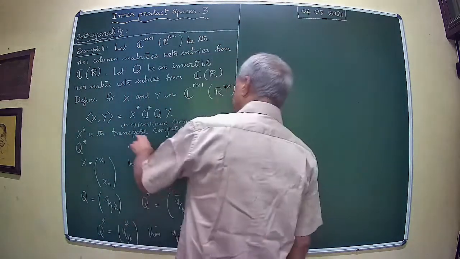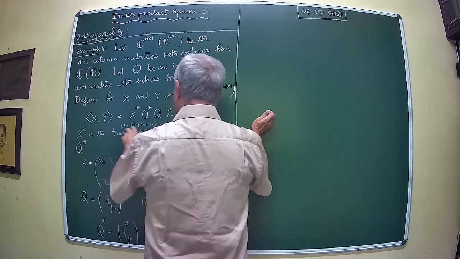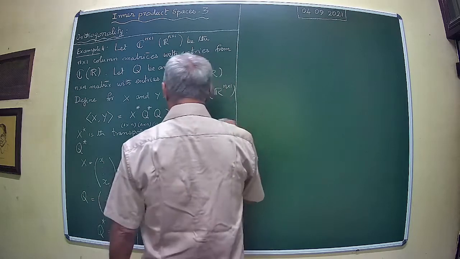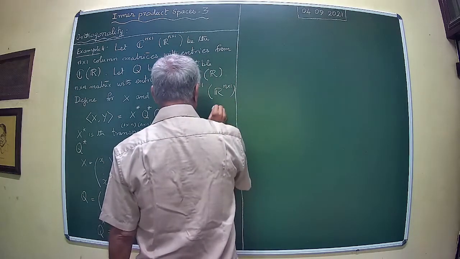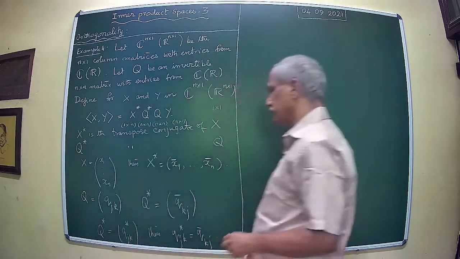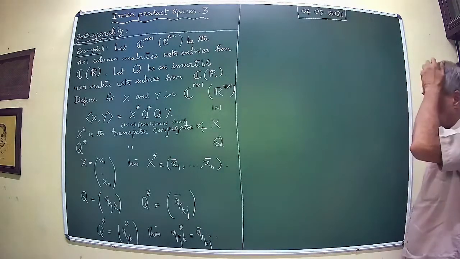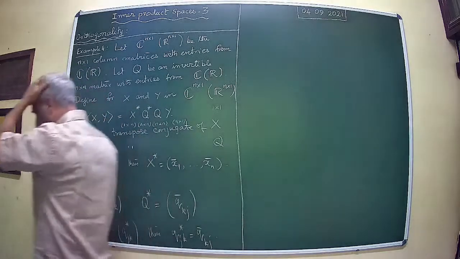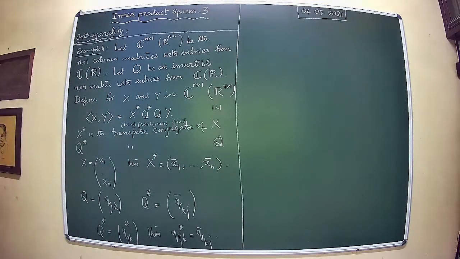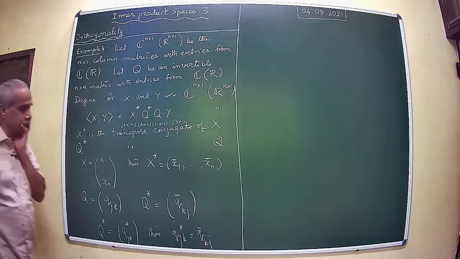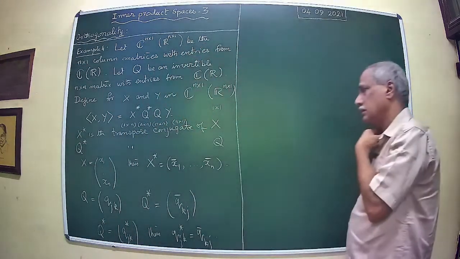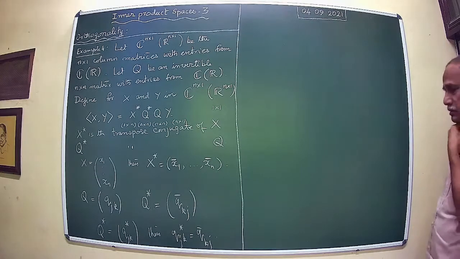So you end up with 1 by n and n by 1, so this is a 1 by 1 matrix. That means it's a scalar. Now one verifies that all the properties of the inner product are satisfied. That is just routine work.